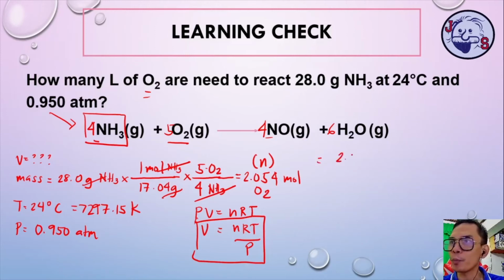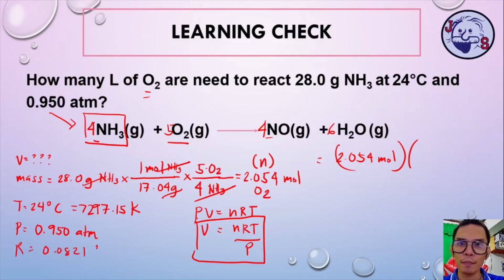We have 2.054 moles, multiplied to, I forgot the R. The R is 0.0821 liters atmosphere per mole Kelvin.